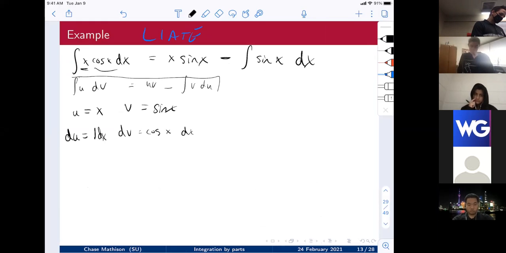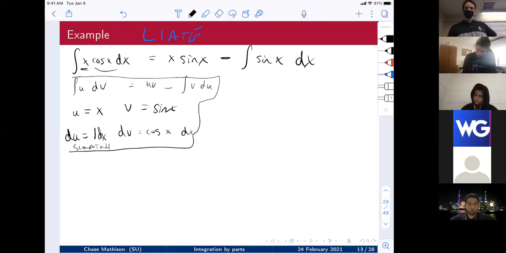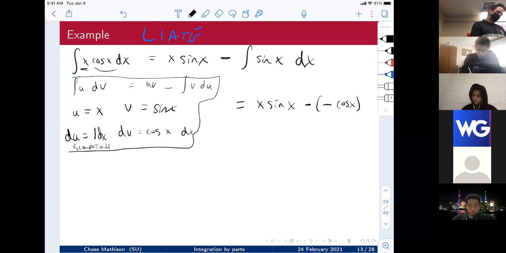Scratch work. But what is the integral of sine of x dx? Good. So this is going to give me x sine of x minus negative cosine of x. Or in other words, I can just write plus cosine of x.